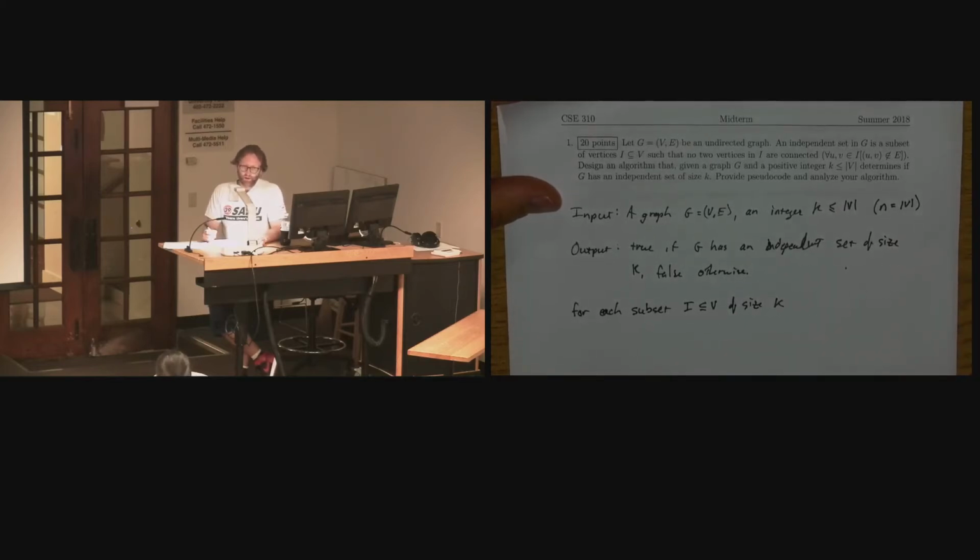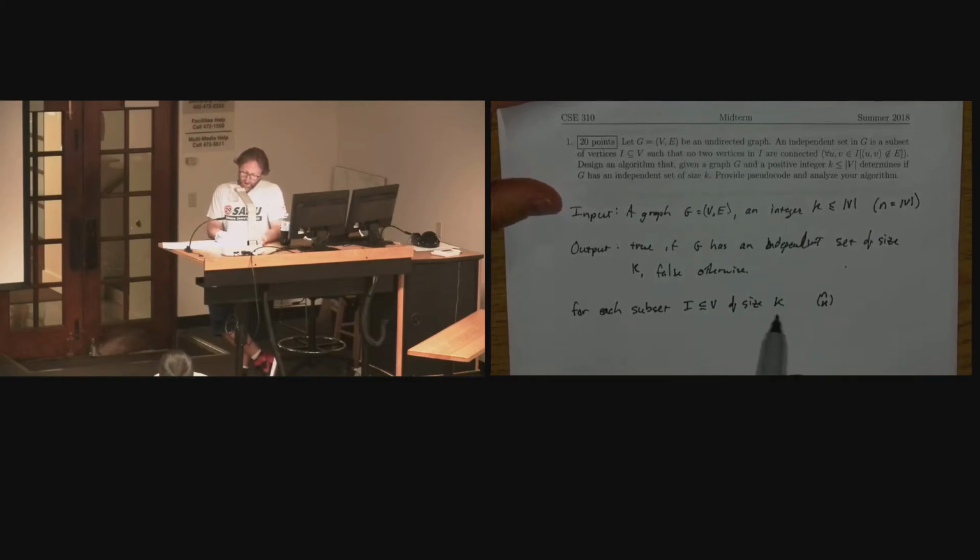How many subsets are there of size k? What combinatorial object am I going to be looking at here? It's in the name itself, combinatorial. Combinations. There are going to be n choose k of them, and we'll come back to that with our analysis.